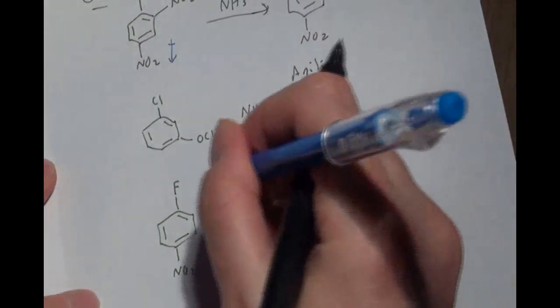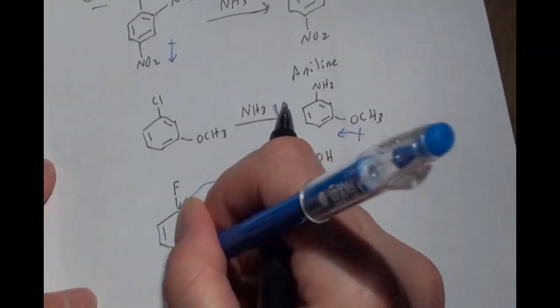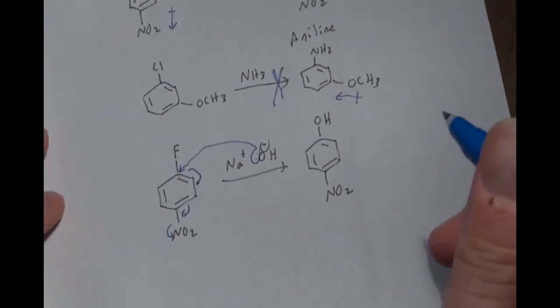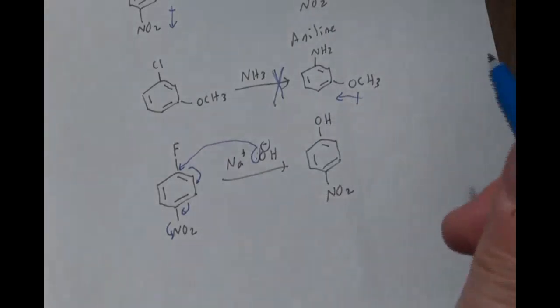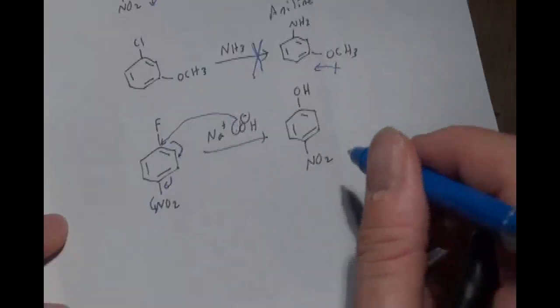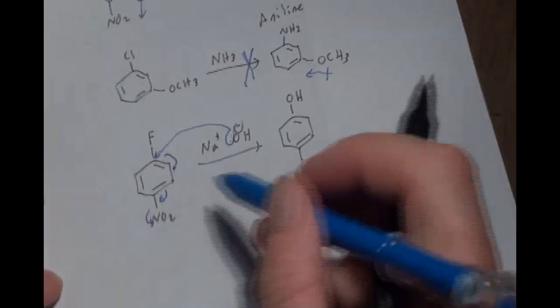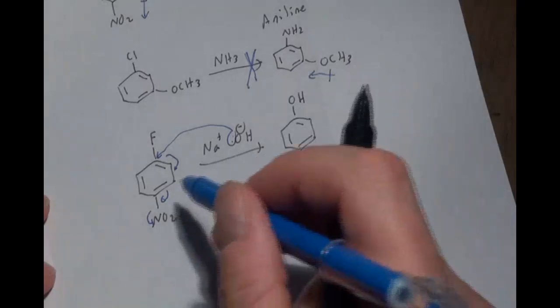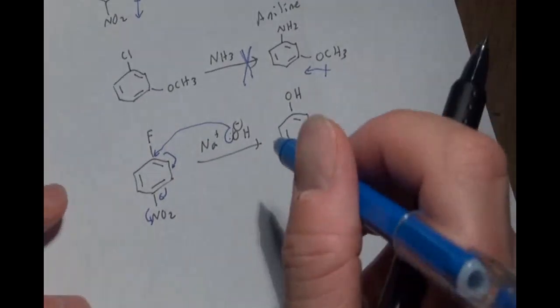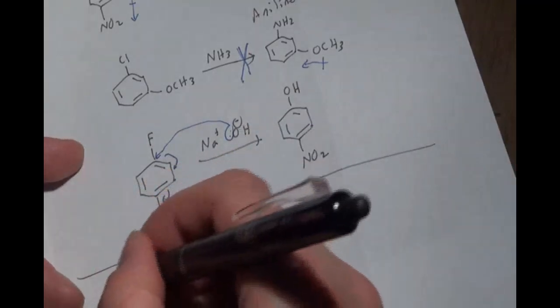Of course, without doing the full mechanism, it's something like attack; you'd have to draw it out if you're showing the mechanism. But this is a way to make phenols. We just talked about how you make phenols, and this is one way: to substitute off a leaving group with a SNAR reaction.